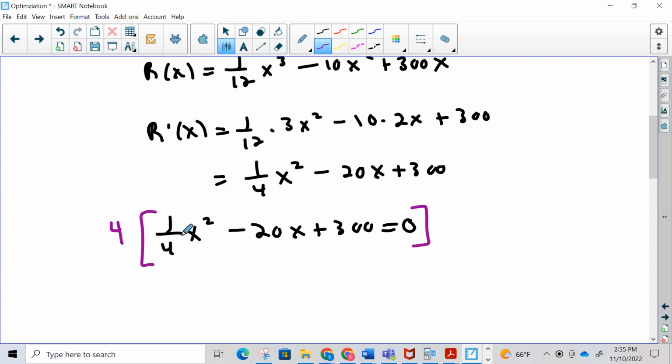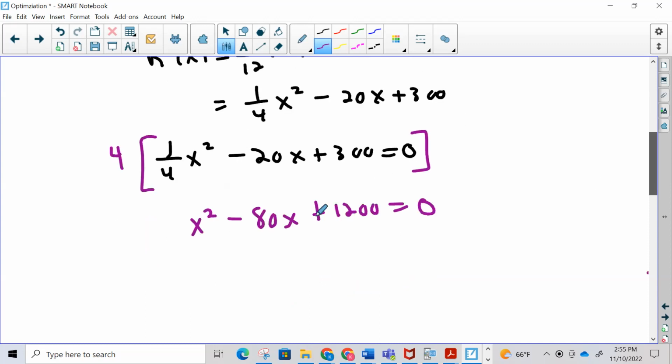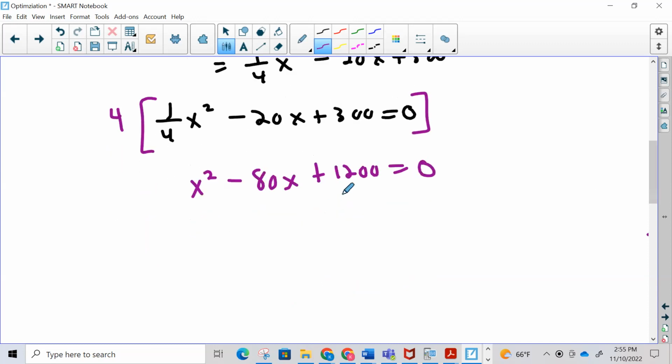So 4 times 1/4 x squared is 4/4, which is just 1x squared. 4 times negative 20x is negative 80x. 4 times 300 is 1200, and then 4 times 0 is 0. So I'm multiplying every single term by 4, and because it's an equation, I'm not changing the values of x.